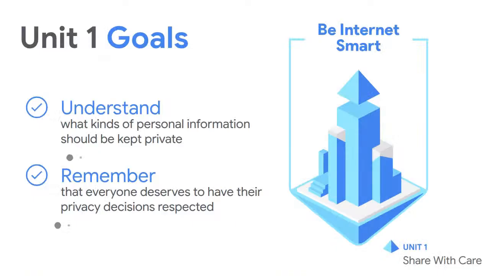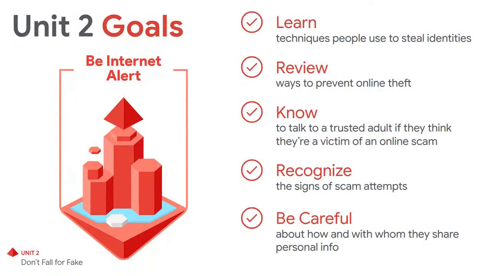So moving forward, what is private information? Why should we keep it private? What does it mean to respect other people's privacy? How can we be smarter on the internet? And then, of course, how can we be internet alert? How can we learn about identities, and learn to trust and to recognize scams or even fake news, those types of things?